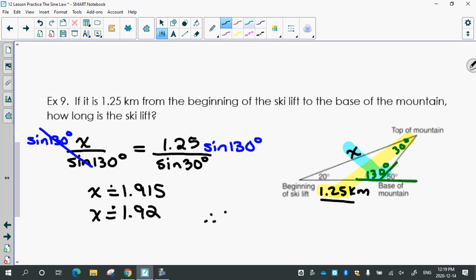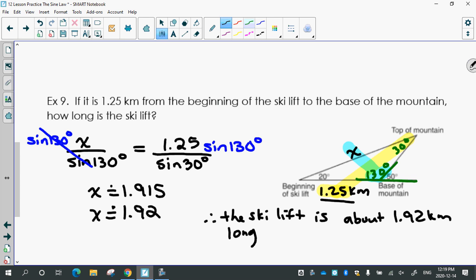So therefore, the ski lift is about 1.92 kilometers long. Okay, that was the sine law. Sides and angles.